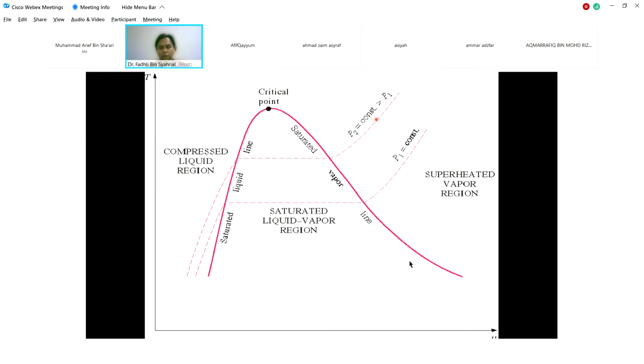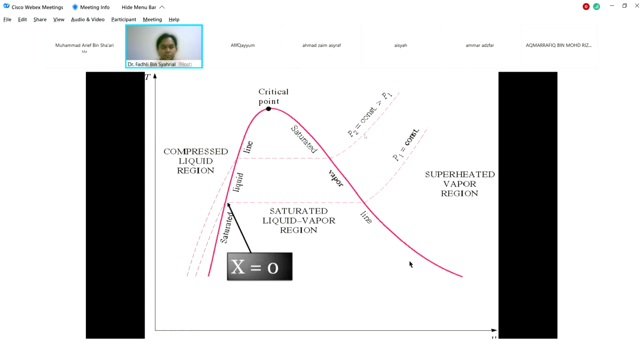If the point is located here, it is still superheated vapor, but the pressure now is P2, where P2 is higher than P1. Okay, this is how we read our TV diagram.